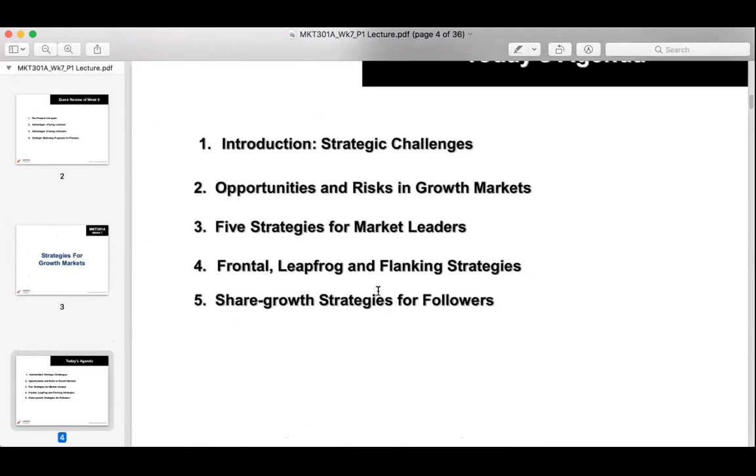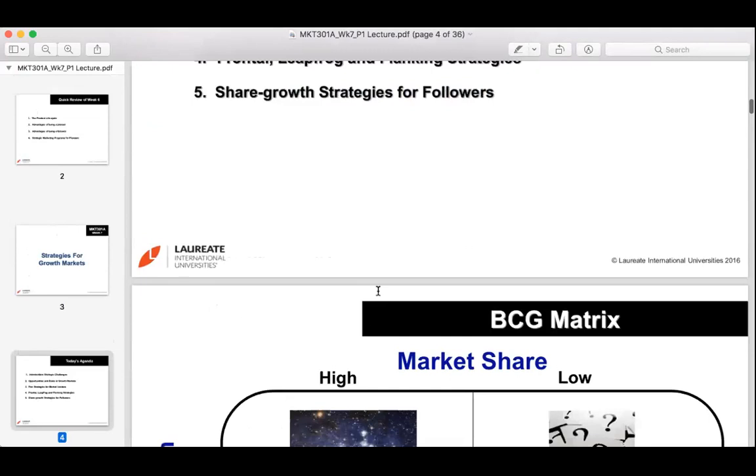So that includes the introduction, like the strategic challenges and opportunities and risks in growth markets, right? And strategies as a market leader, and also frontal, leapfrog, and flanking strategies, and share growth strategies for the followers.